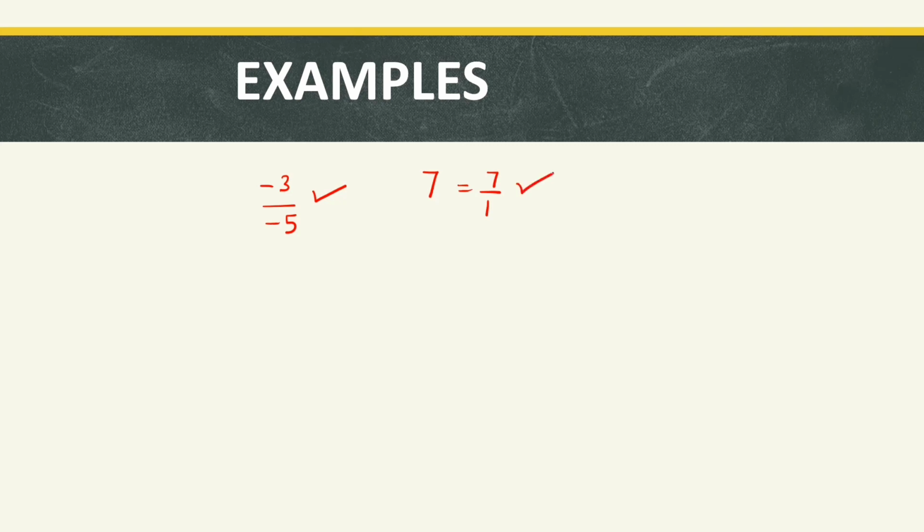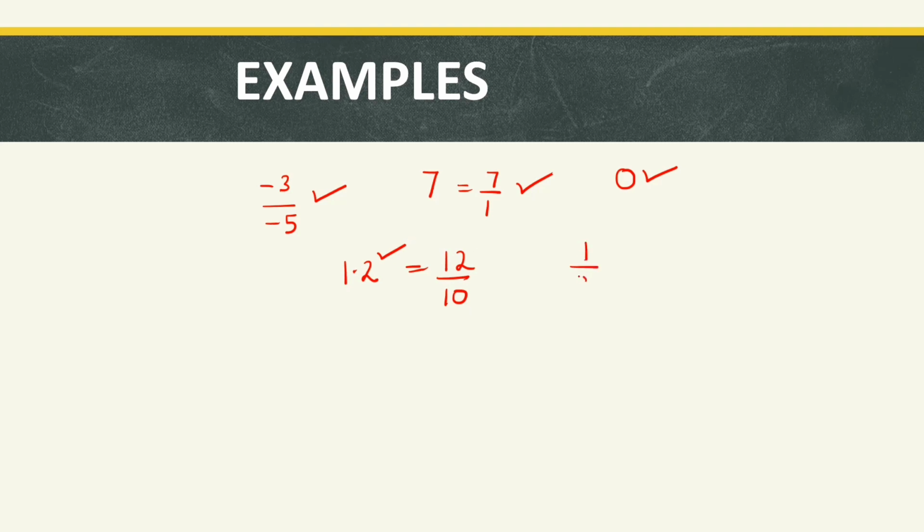Therefore, 7 is also a rational number. How about 0? Is 0 a rational number? We already discussed that all whole numbers are rational. Therefore, 0 is also a rational number. How about 1.2? Is 1.2 a rational number? I can write this as 12 divided by 10, where 12 and 10 are integers and denominator is not equal to 0. Therefore, 1.2 is also a rational number.